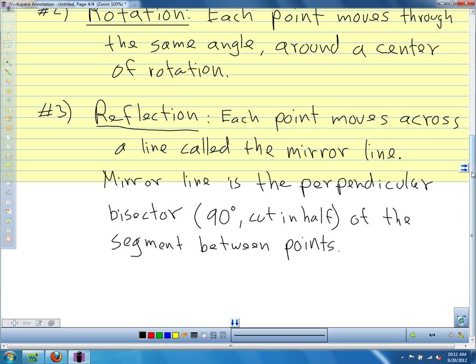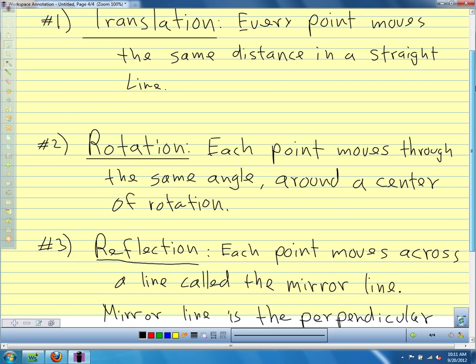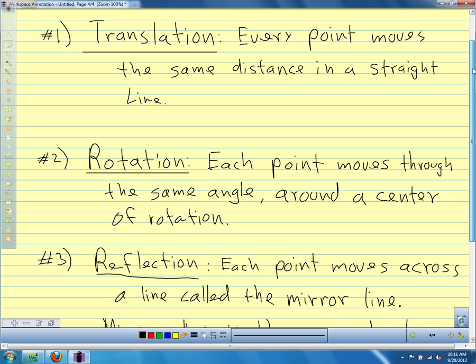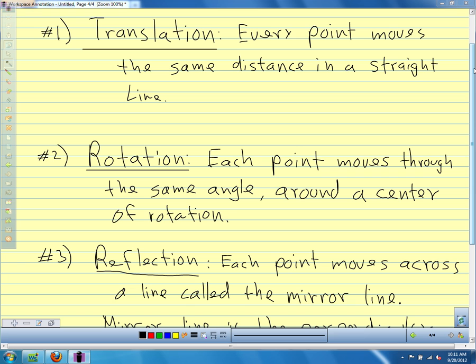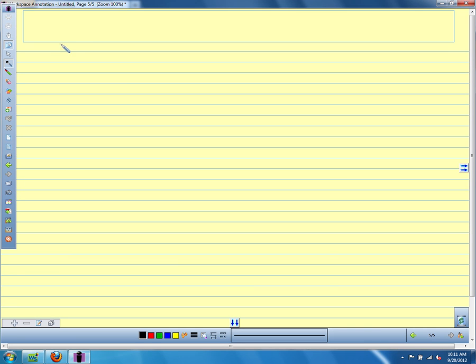So our three transformations that we did today are a translation, a rotation, and a reflection. These three transformations have a special name. We call these the rigid transformations.